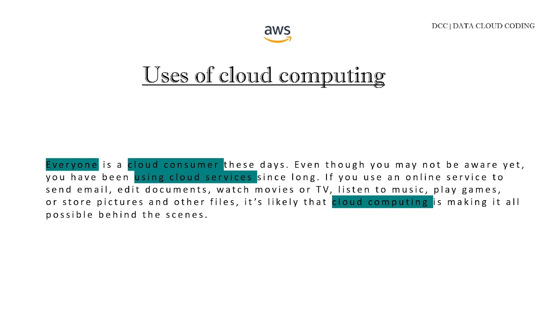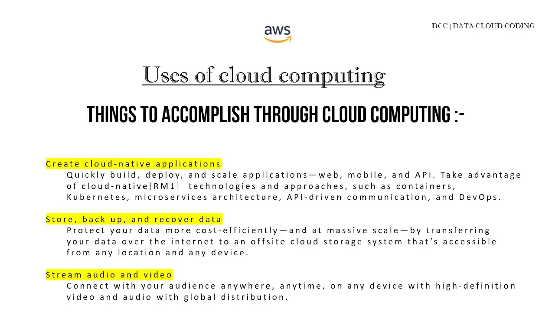Okay, so we have seen what cloud computing is. We have seen the benefits that come with cloud computing. Now let's see what a particular user or organization can accomplish through cloud computing. We can do lots and lots of things. If I want to create cloud native applications that will be completely deployed on the cloud, using the advantages of the services that come with the cloud, I can do that.